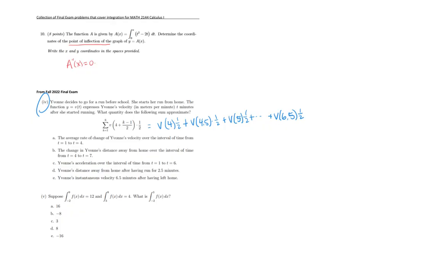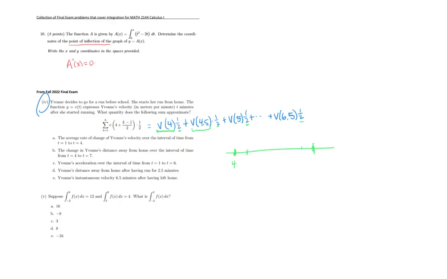times a half. So what that's saying is that the velocity is this part, and then the amount of change in time is given by this 1/2, right? So I'm looking at these values from 4 to, well, the last one that's plugged in is at 6.5. But this is going to be a left-hand sum, I can tell.